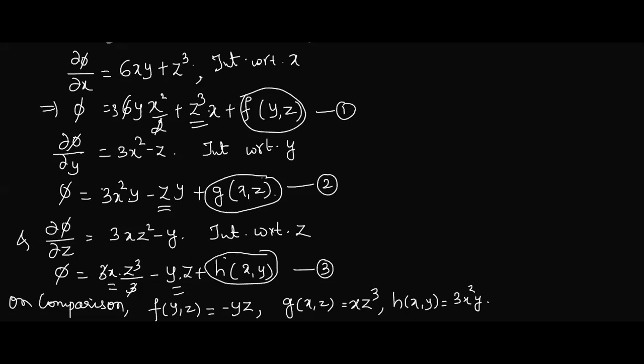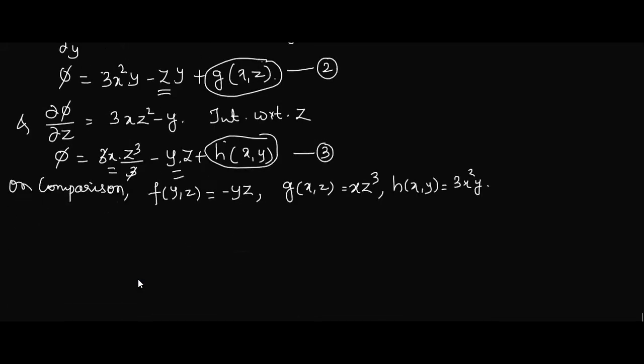At least now it is clear? Those who had doubts regarding the problem, I hope I clarified. Is this explanation enough for you to understand? Now you choose any one of equations 1, 2, 3 and substitute for f, g, h. I'll take equation 3. Therefore, phi equals xz cube minus yz plus 3x square y, taking h as 3x square y.